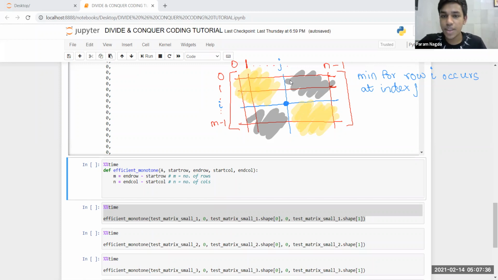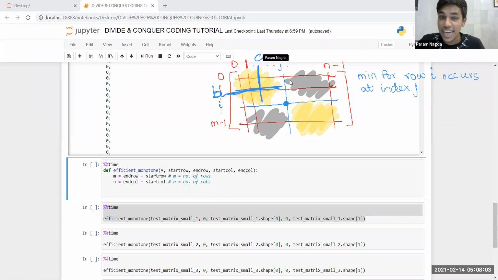So similarly, let us say once again we take the matrix that's on top, and we find out that the minimum value for another row, I'll label it row b, occurs at column c, right?